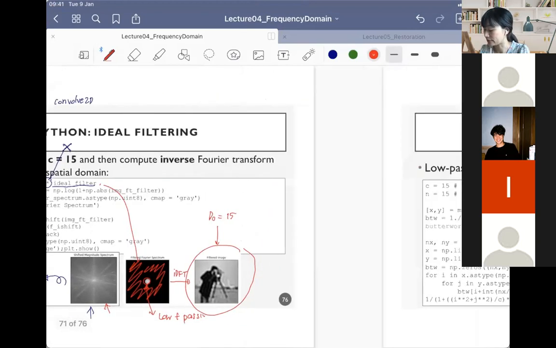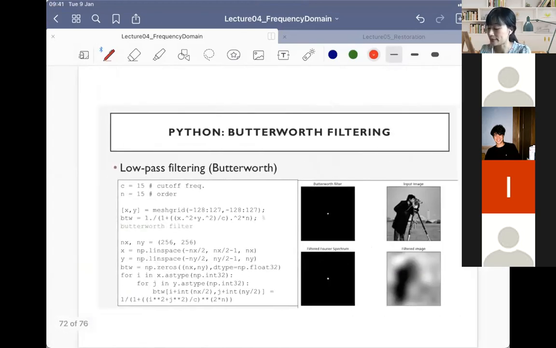And what's next? I also do the same thing, but I change it to use, I think this one is Butterworth. So I have created a set of code to create a Butterworth. You can take a look at it in detail, but basically I've just created the coordinates of the size of the image. For example, if an image is of size 5 by 5, I create the values in the x dimension and y dimension from -2, -1, 0, 1, and 2 just here.